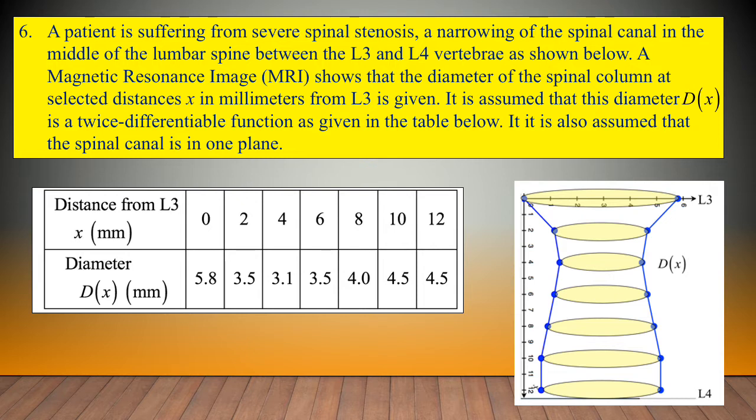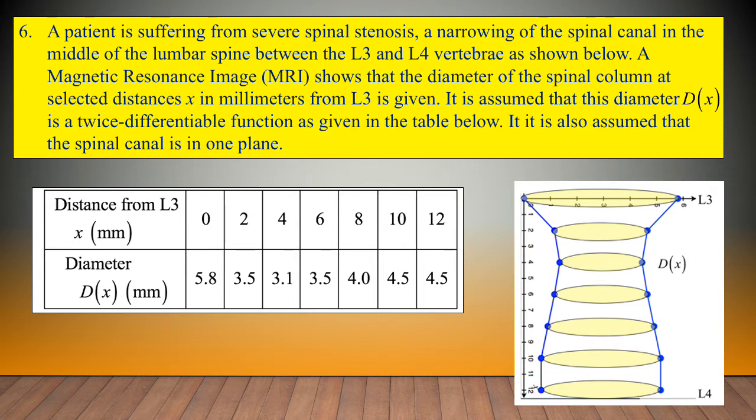It is assumed that this diameter d(x) is a twice differentiable function as given in the table below. It is also assumed that the spinal canal is in one plane. We see the table marked in distance from L3, x in millimeters, starting at 0 and going up to 12, and then the diameter d(x), also in millimeters.